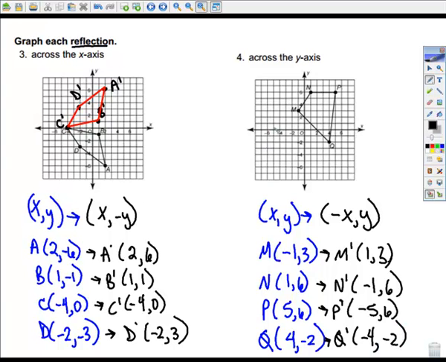All right, so let's graph this. 1, 3. There's M prime. Negative 1, 6, N prime. Negative 5, 6, P prime, and negative 4, negative 2, Q prime.